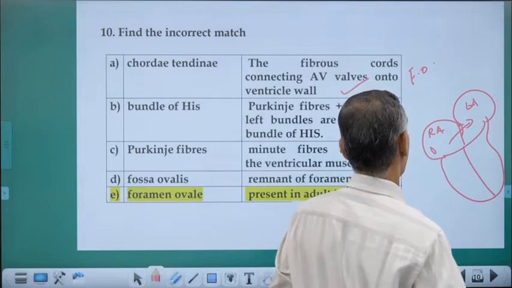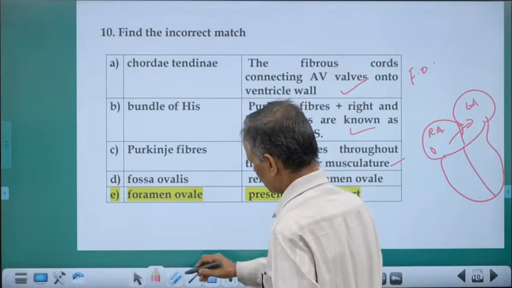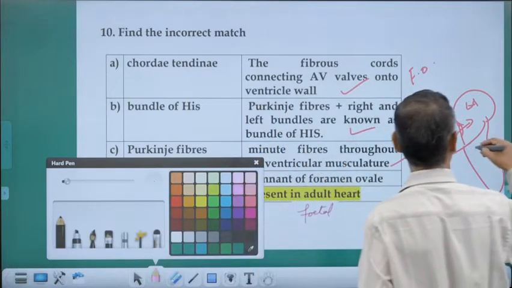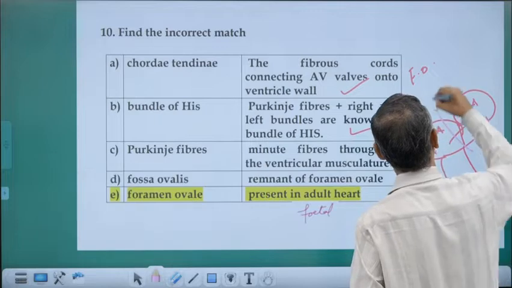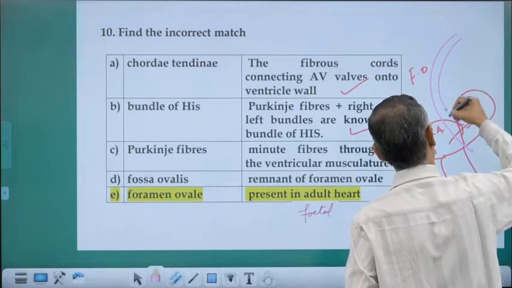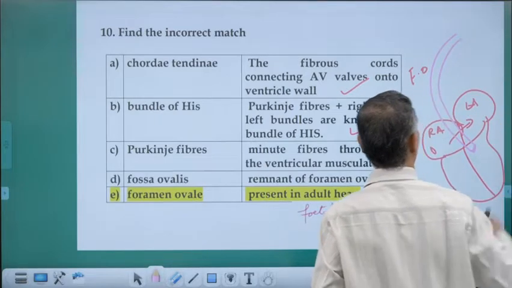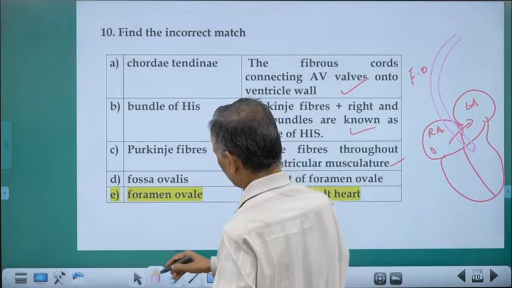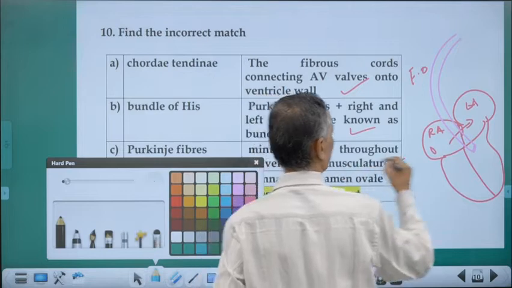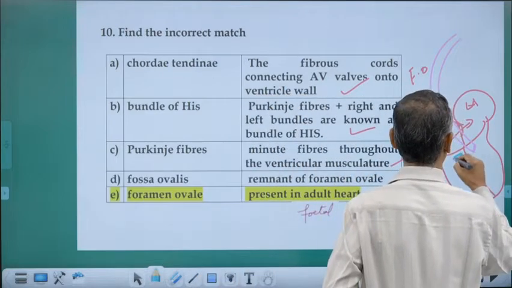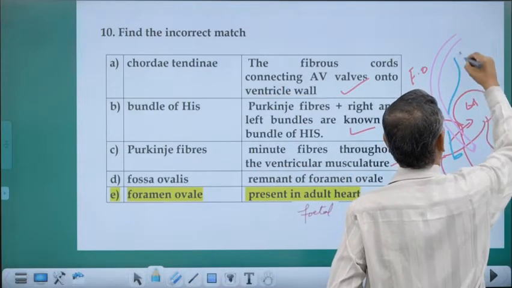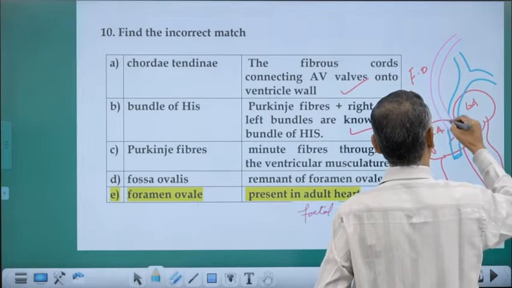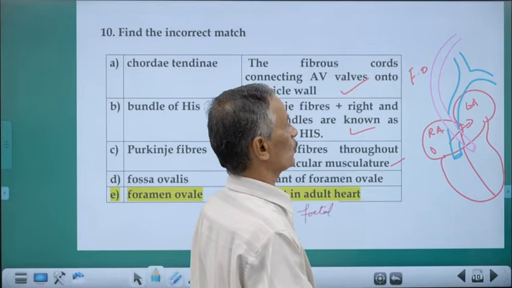And this is the aorta that takes pure blood. Blood vessels are there. And this is the pulmonary artery that is taking impure blood, but it is not functional.